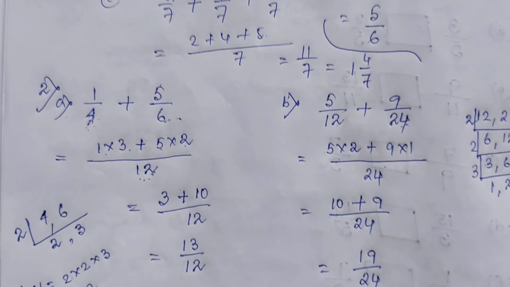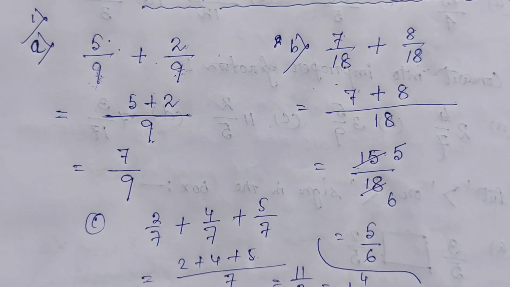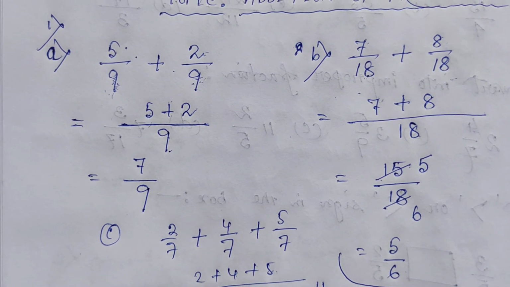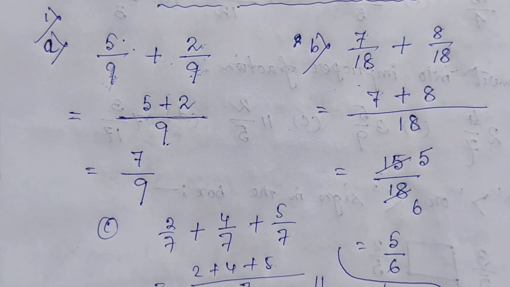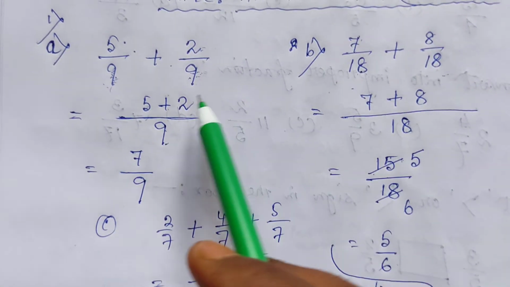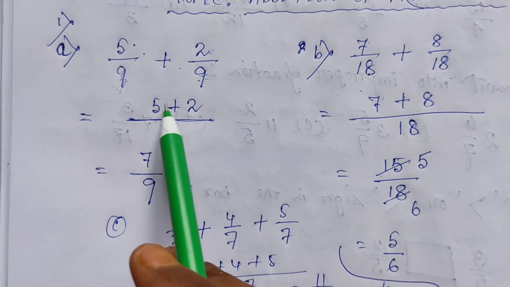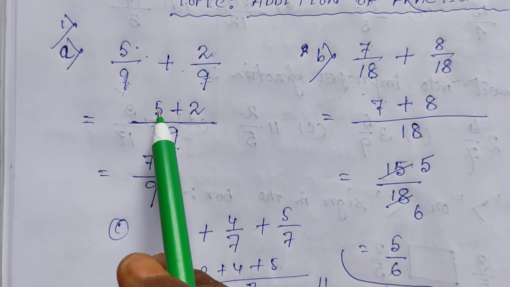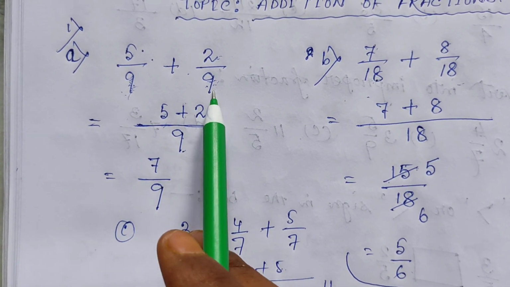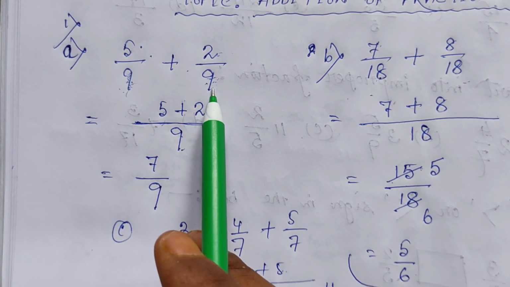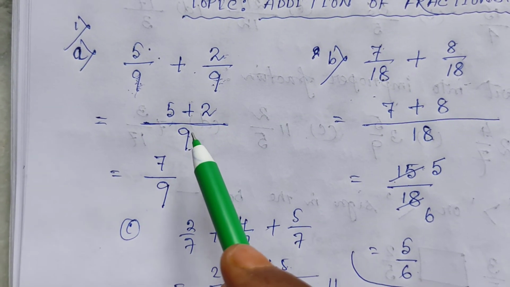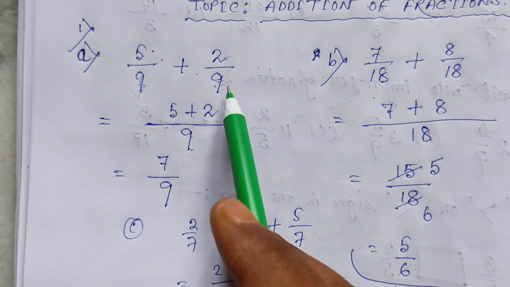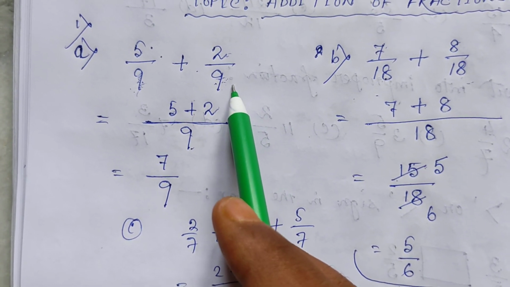Whatever we discussed in the first case, that is addition of like fractions, in that case the denominators will be the same. If the denominators are the same, there is no need to find the LCM. In the LCM position, you can write the denominator easily.